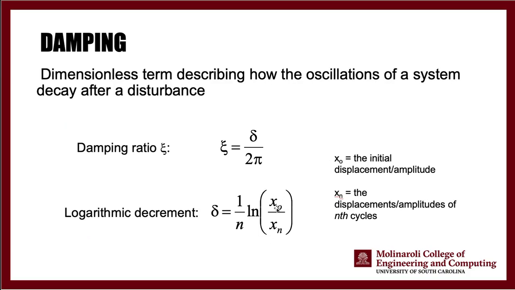This is the displacement, the lateral displacement amplitude of your 0th cycle or the nth cycle. And this is the number of cycles. Using this, you can find the logarithmic decrement. And using the logarithmic decrement, you can find the damping ratio epsilon by dividing it by 2 pi.